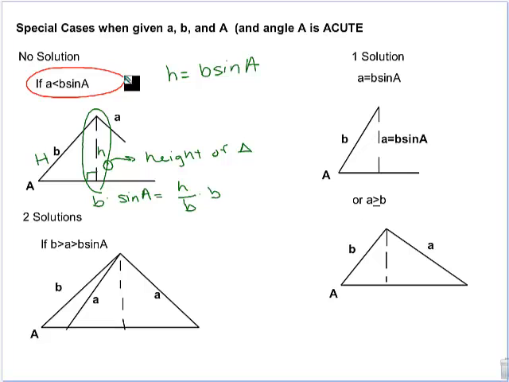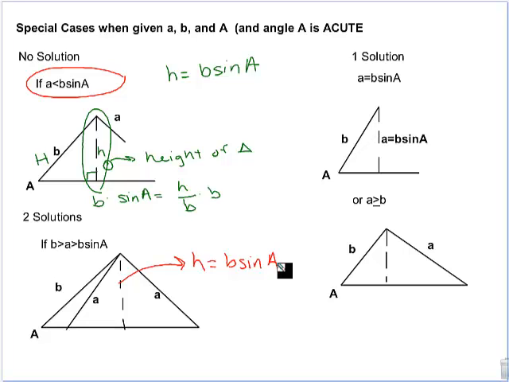Two solutions. Once again, that is our height, which is B sine of A, for the same exact argument as up here. And now our A is a length where it can connect over here, and our A can swing around and connect over here and make a triangle.